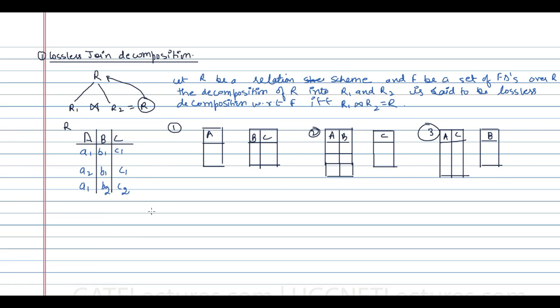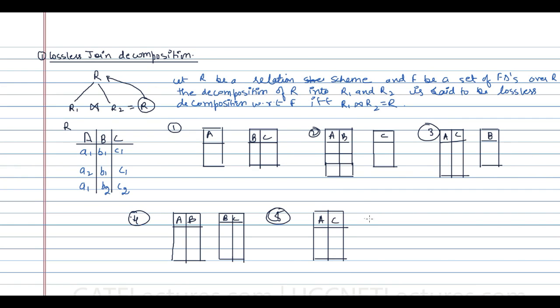Or you can take some attributes as common. For example, we can take A and B in one table and B and C in another table. Or you can take A and C in one table and B and C in another table.